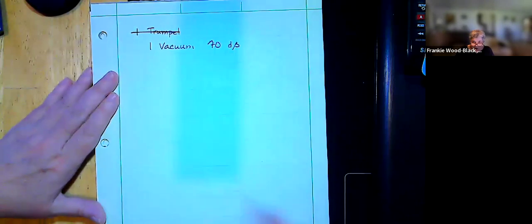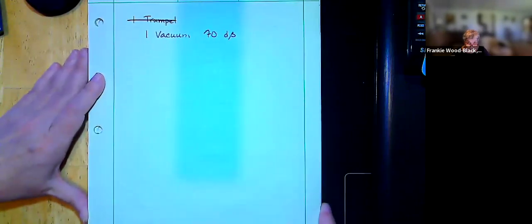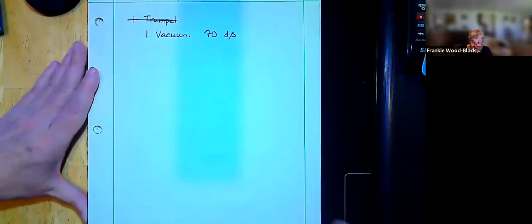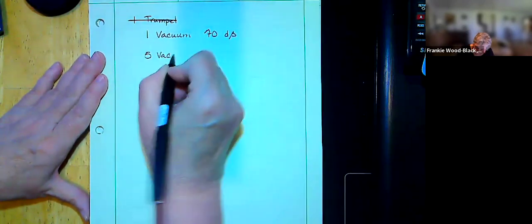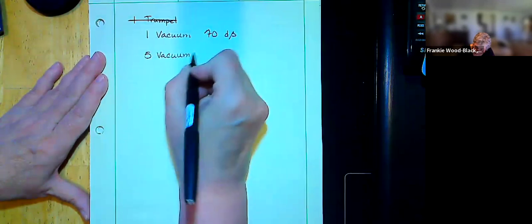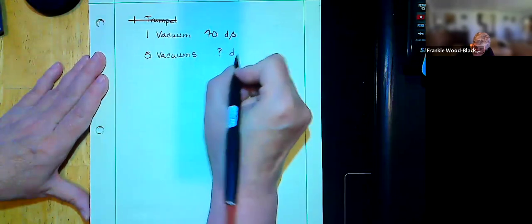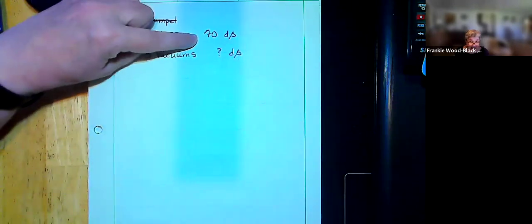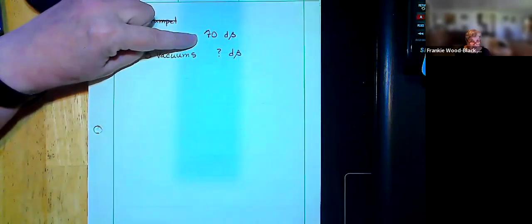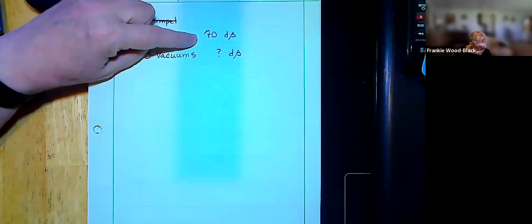And we're going to hurry up and clean a big space, and we're going to end up having 5 vacuum cleaners. We want to know what the new decibels are for 5 vacuums. We just can't add 75 times. That's not going to work for us.